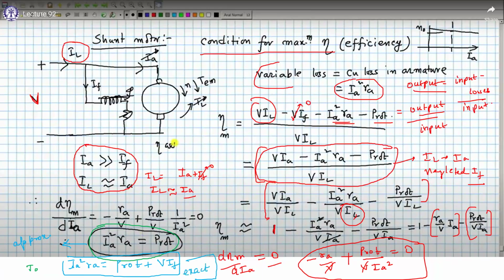So this is the exact condition of maximum efficiency where the variable losses are equal to the total constant loss. Now here the constant loss consists of VIF also, that is why I have included plus VIF. But here we derived IA square RA is equal to P rotational because we neglected IF everywhere. If we do not neglect IF, we would get this exact expression. Like after your exam, if you want to see whether it is actually true, you can try it.